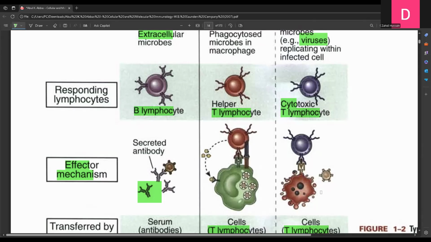So basically, in cell-mediated immunity the TC cell will play the important role, and the TH cell will help and guide the TC cells and B cells. The processed antigen will be presented by MHC2 to the TH cell, and in the case of the TC cell, MHC1 will present it.